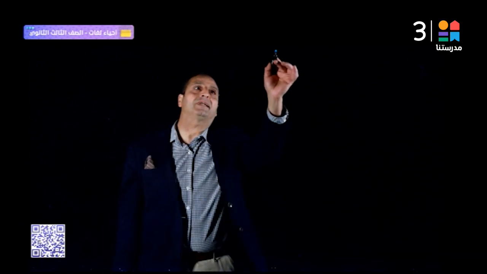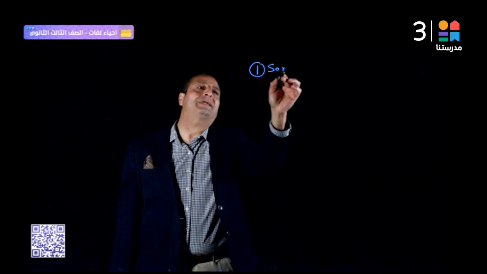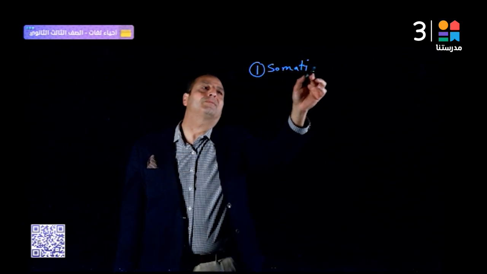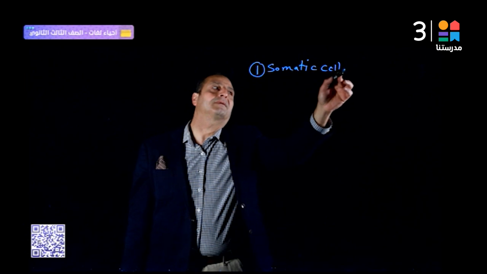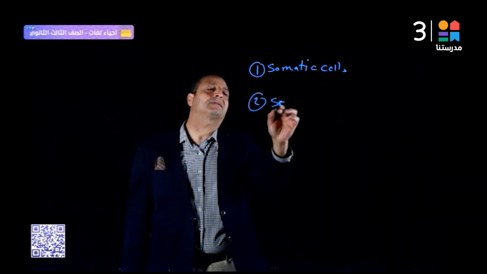There are two types of cells. Number one, somatic cells. Number two, sex cells.